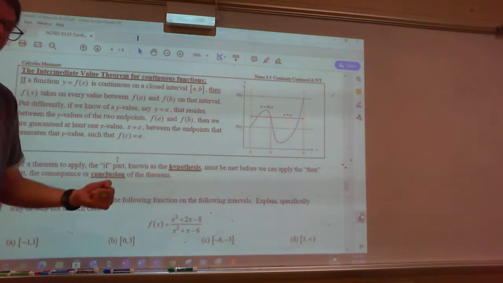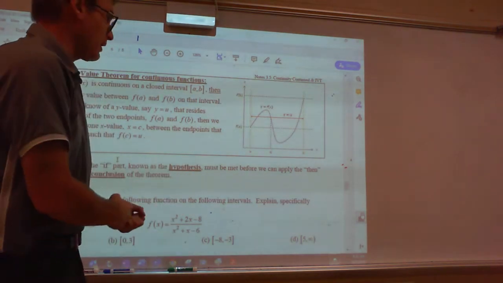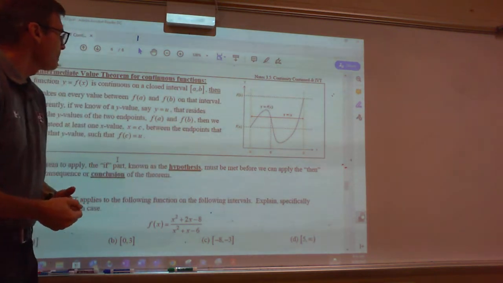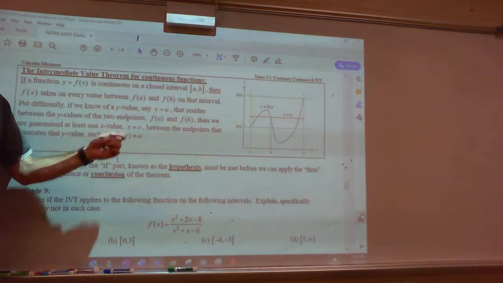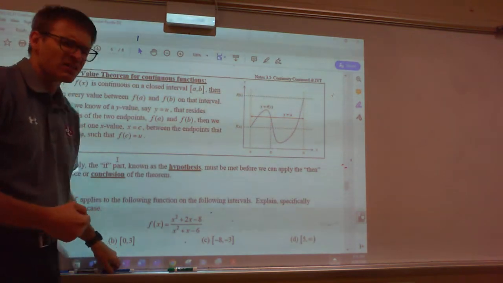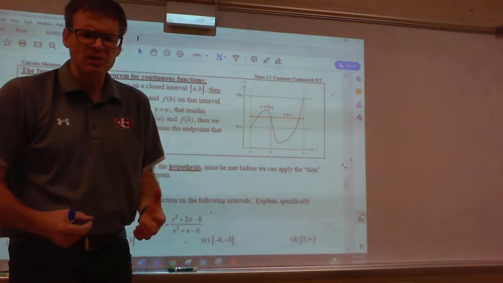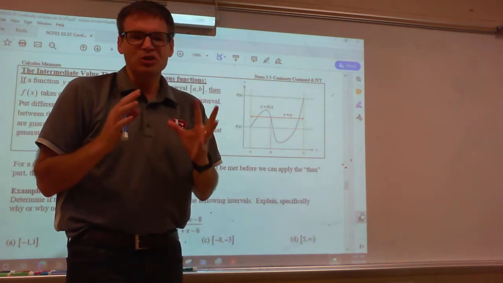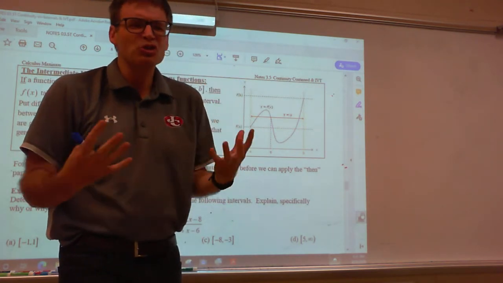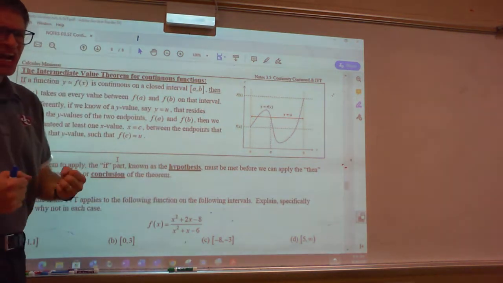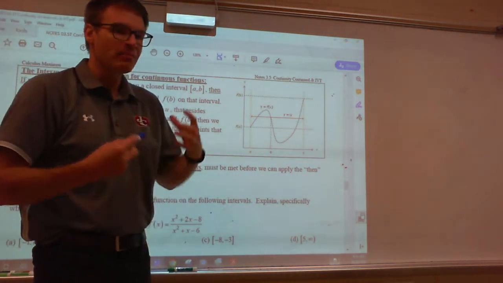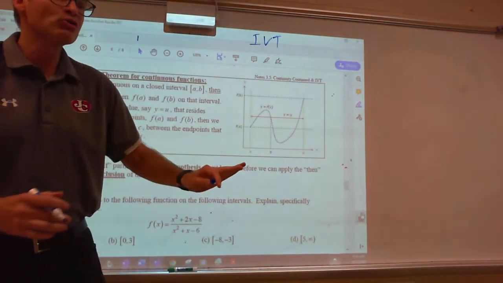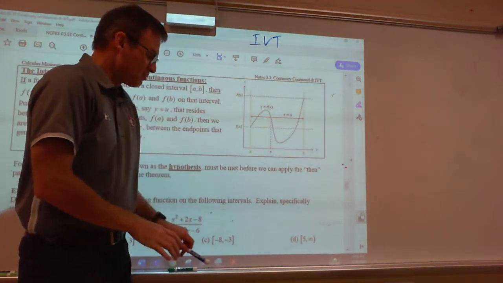So our big theorem of the day, big theorem of the week, probably next few weeks, all right? It's called the intermediate value theorem. Things that are used an awful lot and get really important, you just get to abbreviate. So instead of saying the intermediate value theorem every time, you say IVT. And everybody knows what you're talking about, right?